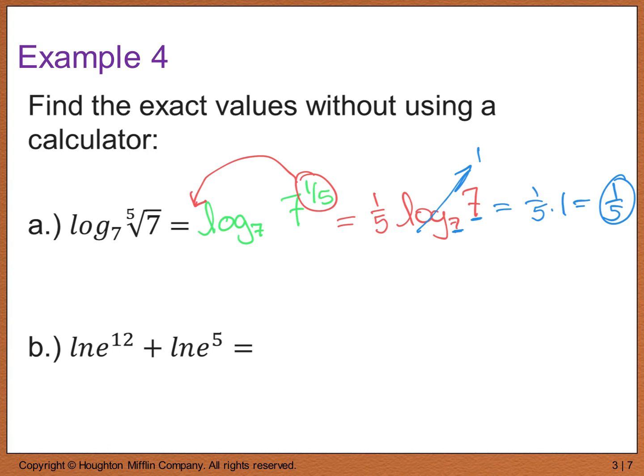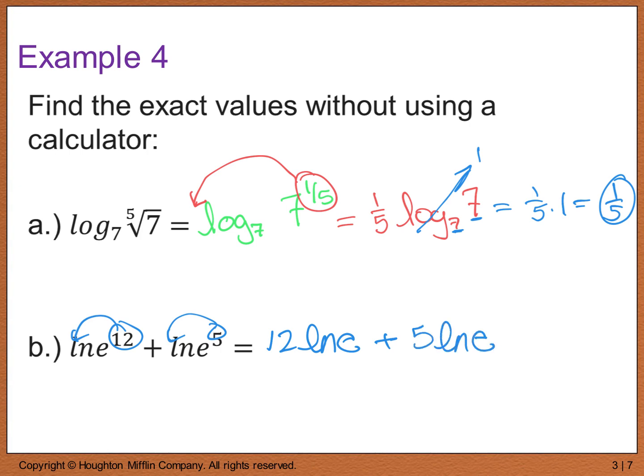Likewise, for part B, what I've got is the natural log of e to the 12th plus the natural log of e to the 5th. If I rewrite this using my properties of logs, I can take my exponents and bring them down up front. So I have 12 times the natural log of e plus 5 times the natural log of e.